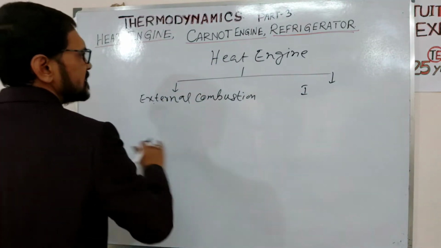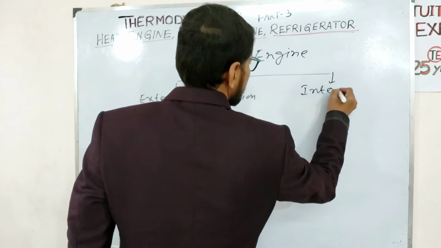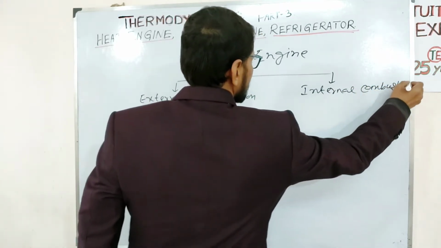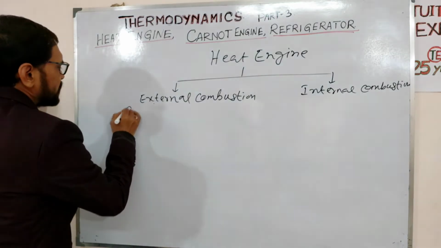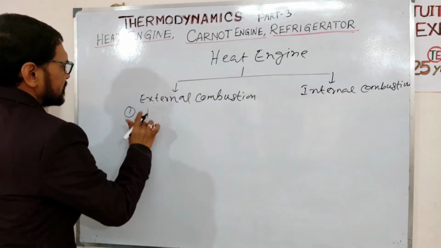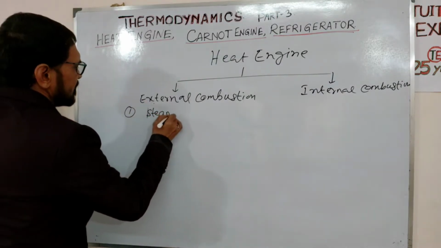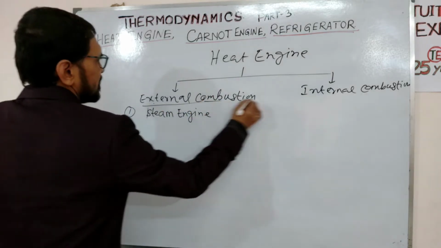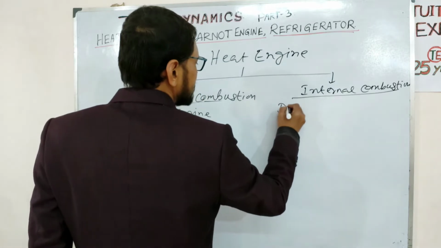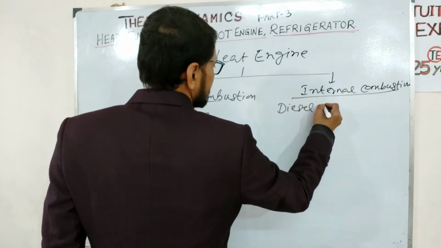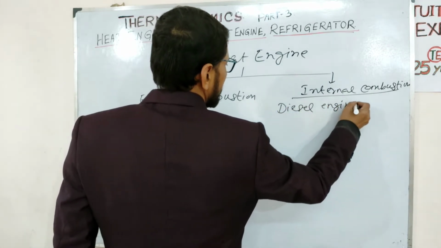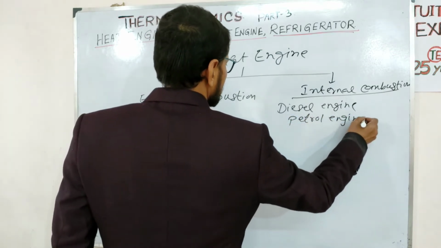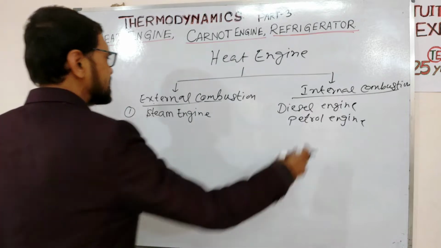An external combustion example is the steam engine. Internal combustion engines are the diesel engine and the petrol engine. This is the IC engine, abbreviated IC engine.